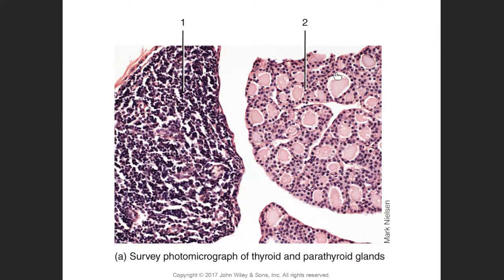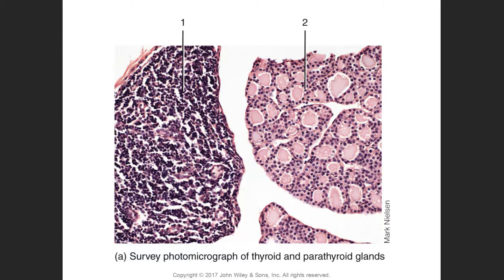These are follicular cells. The follicles contain colloid, the pinkish material fluid inside. And between the follicles, we have a group of cells which we call parafollicular or C cells. And here you can see the parathyroid gland.